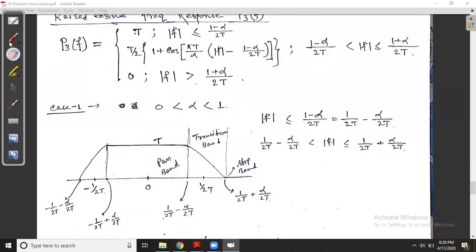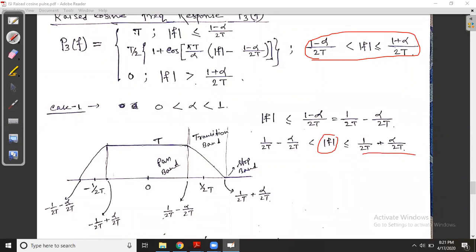Next, whenever the value of alpha is between 0 and 1, you put that value of alpha here. Now you see two things. The value of frequency is greater than 1 by 2T.